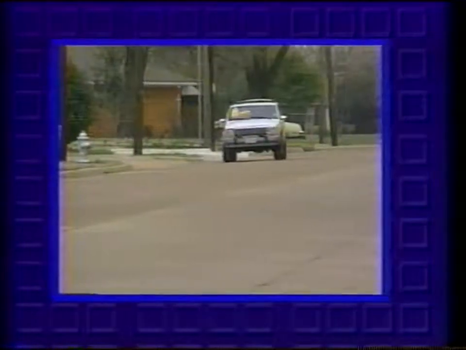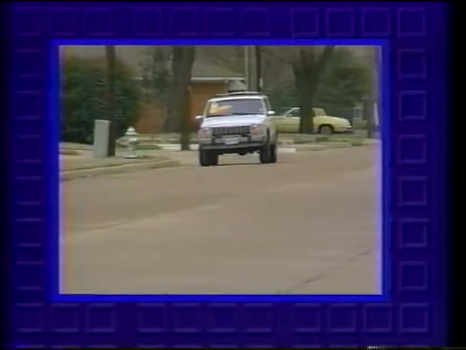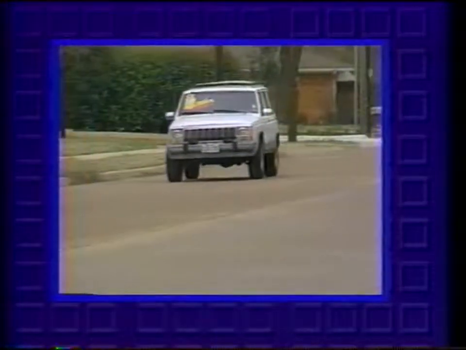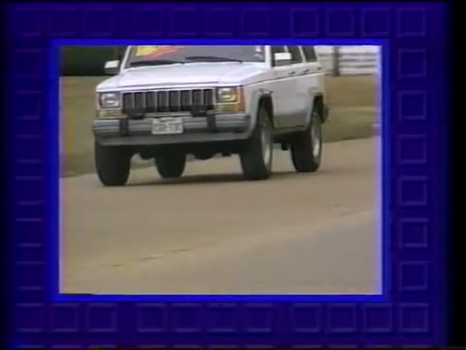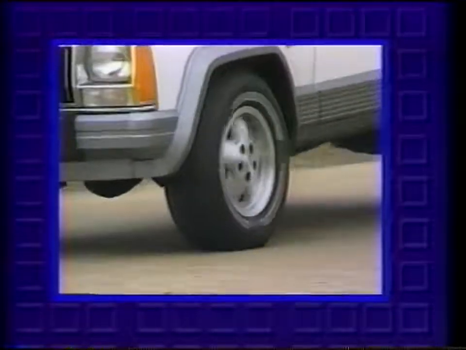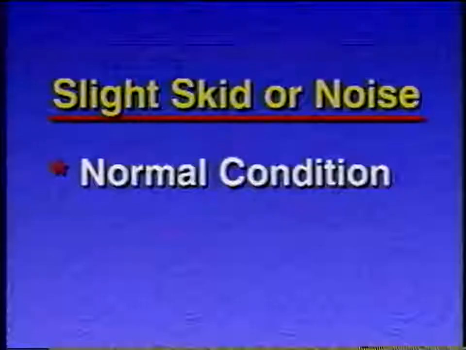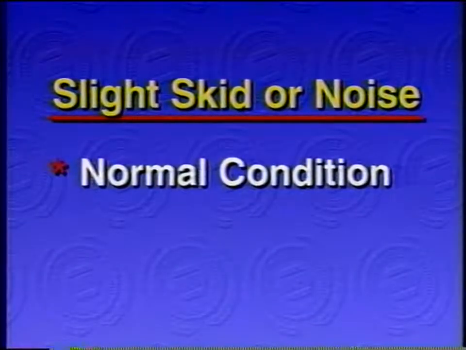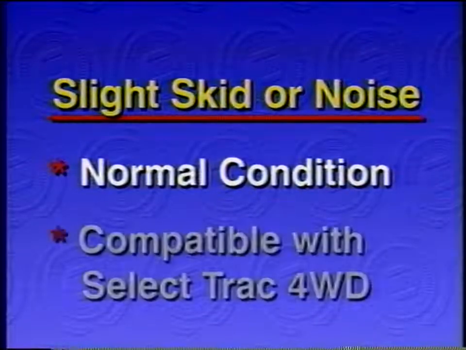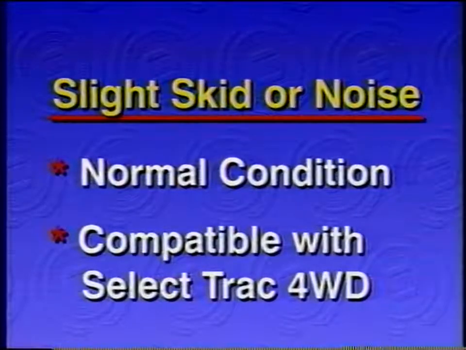It's also designed to disengage at speeds below 3 to 5 miles per hour, which may allow the wheels to chirp or skid slightly just before the vehicle comes to a complete stop when braking hard. This is a normal condition for this system and does not indicate a problem. It was designed to function this way to make it more compatible with select-track four-wheel drive.